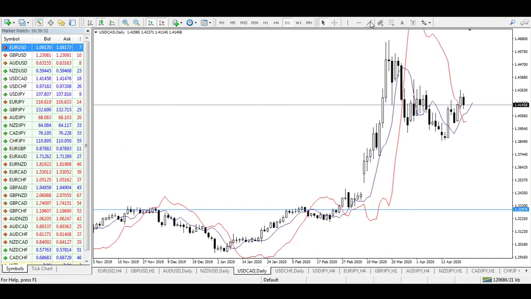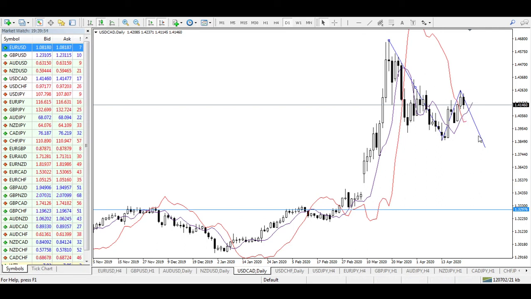So this will be something like an ABCD move to the downside. This is how it is going to correct. So the Canadian dollar as of now looks stronger than the US dollar.